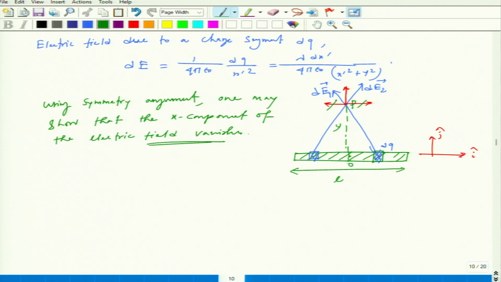That is why they cancel each other, and that is clear from the symmetry argument.